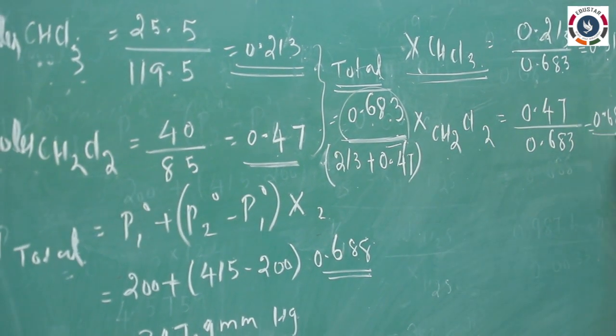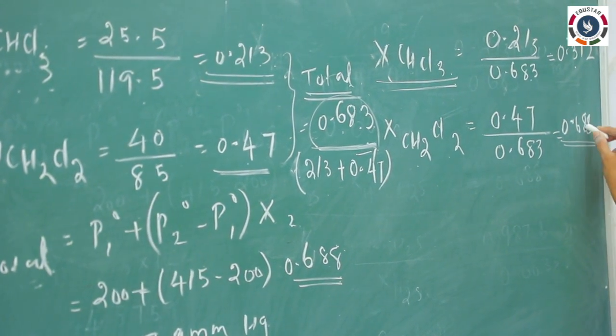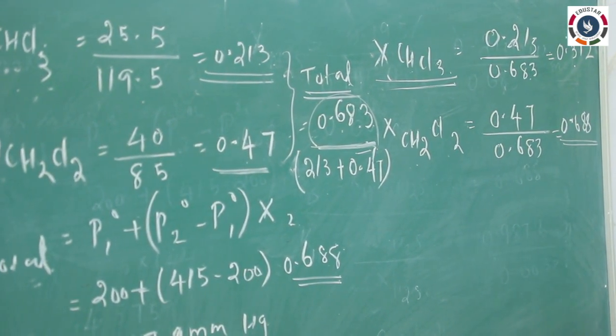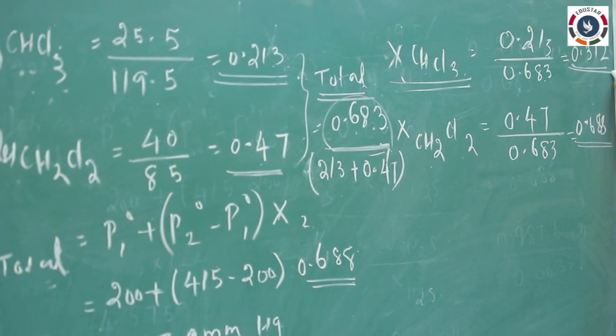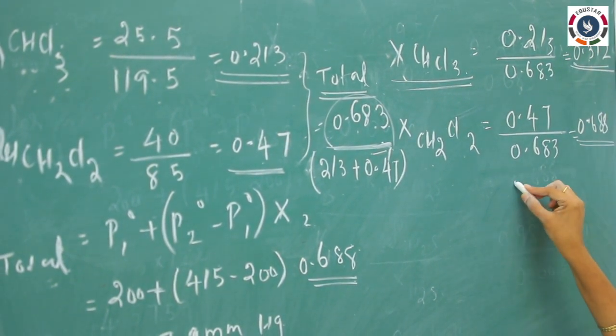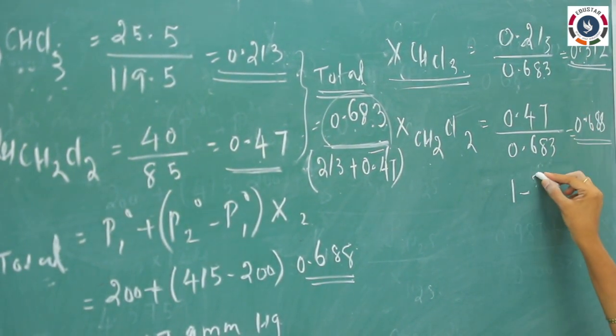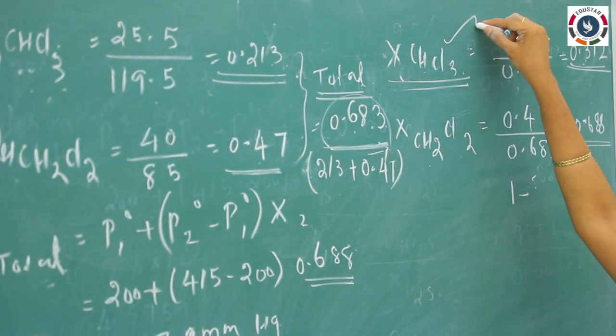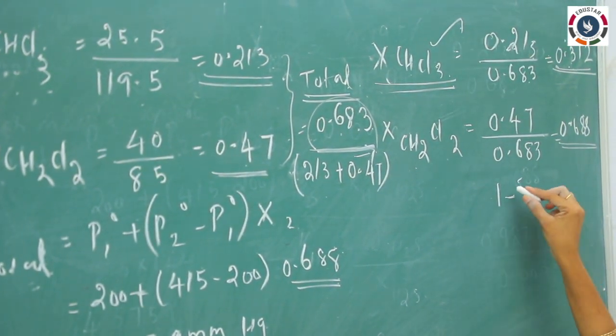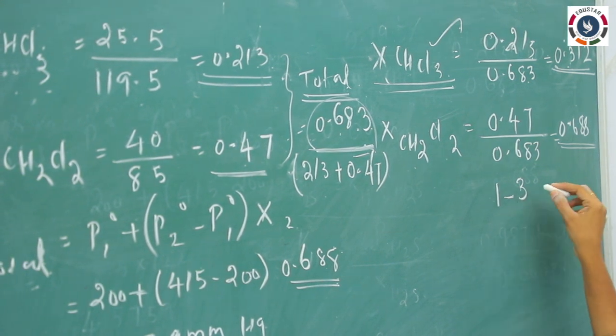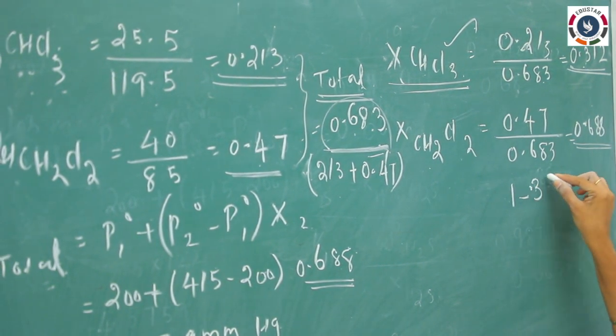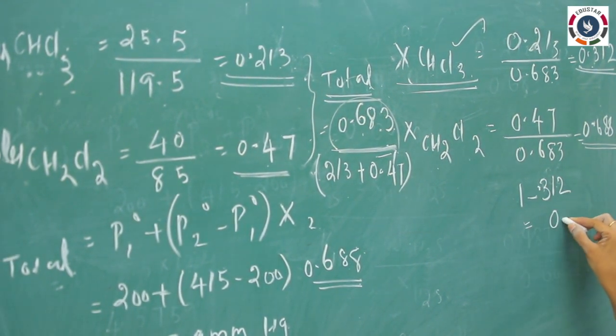So we are getting 0.688. Another method is also there. If you find the mole fraction of one component, we can subtract it from 1. Suppose I have found the value for chloroform, I can subtract it from 1. 1 minus 0.312 equals 0.68.